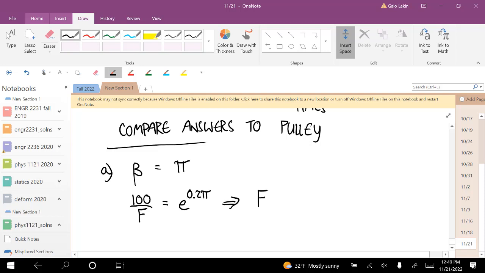And so F is equal to 100 over e to the 0.2 pi. And you get a force of 53.35 newtons.